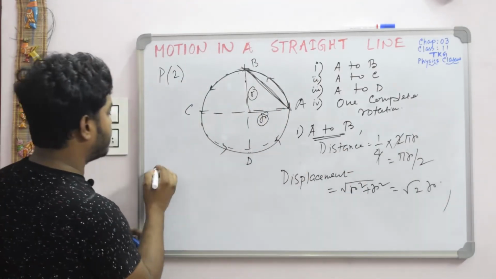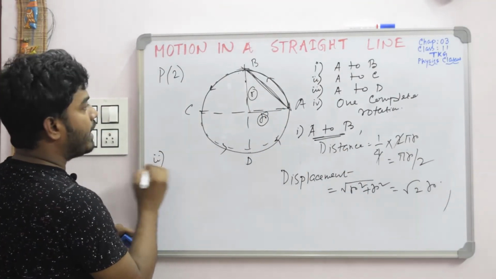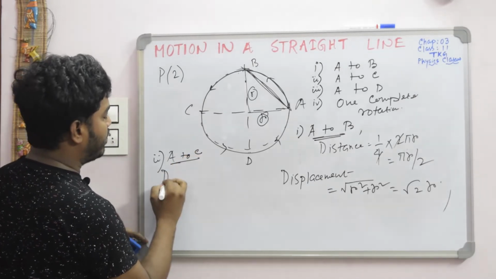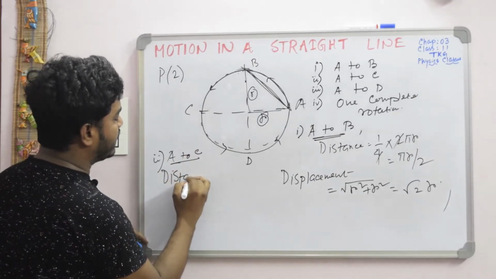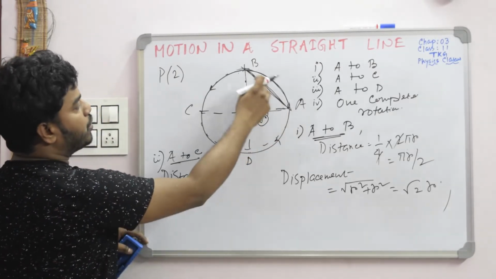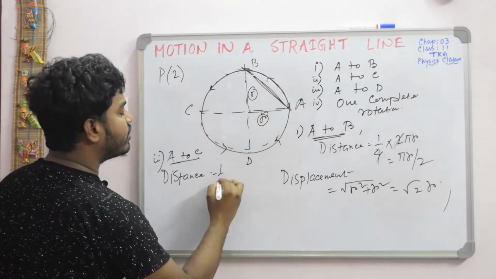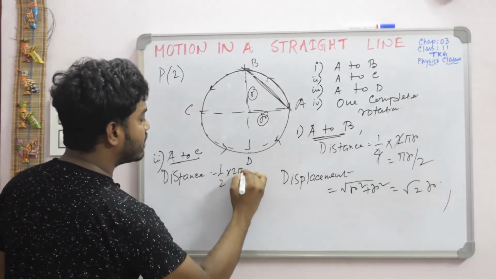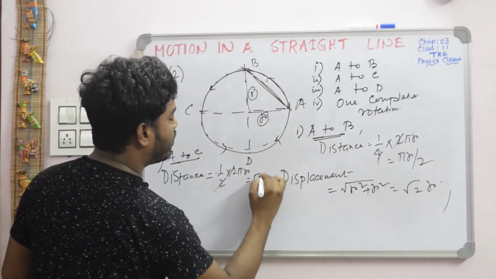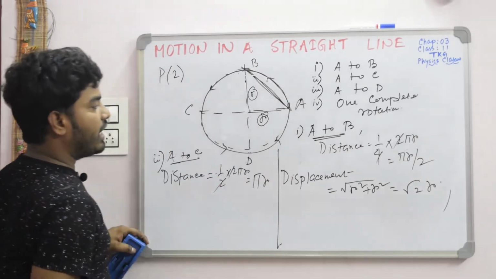Now case number 2, that is the body moving A to C. When the body moves A to C, what is the distance? A to C is half into 2 pi r. So this will be pi r. Clear?